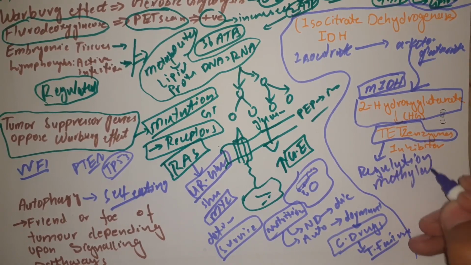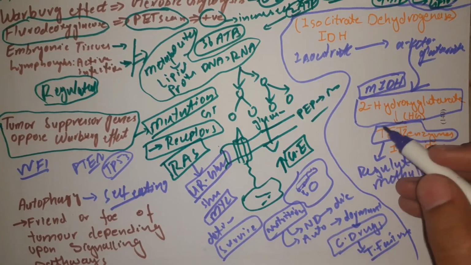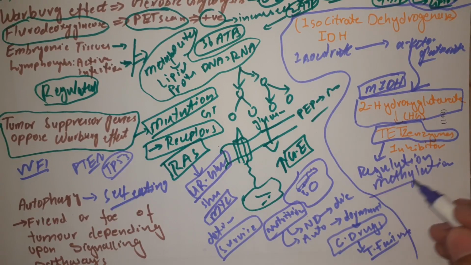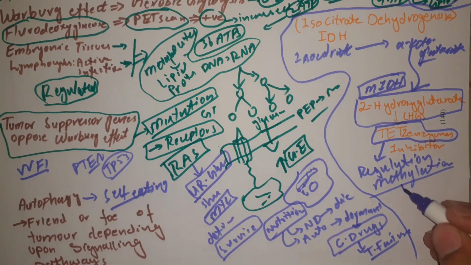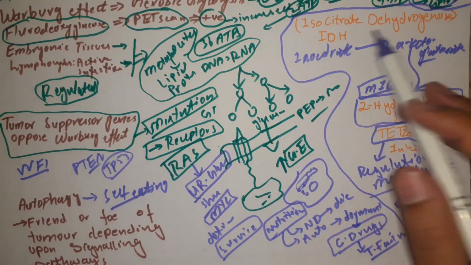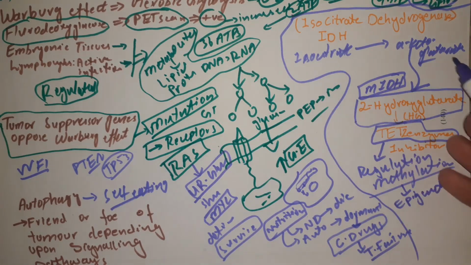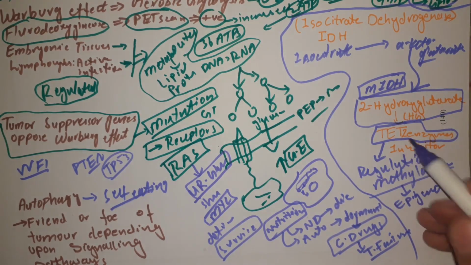However, when it is inhibited by 2-hydroxyglutarate, there is abnormal methylation of the DNA, and this abnormal methylation is not a change in the DNA sequence. Instead, it is an inherited change in DNA without changing the DNA sequence, and this change is basically an epigenetic mutation. So what is happening here? Isocitrate dehydrogenase got mutated. It converted alpha ketoglutarate to 2-hydroxyglutarate, which inhibited the TET2 enzyme.